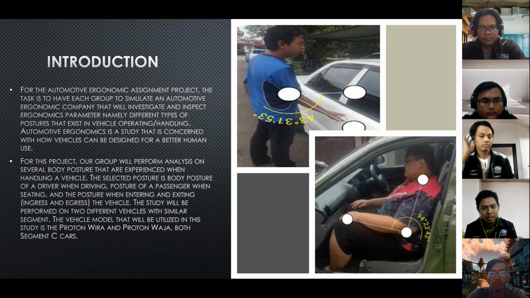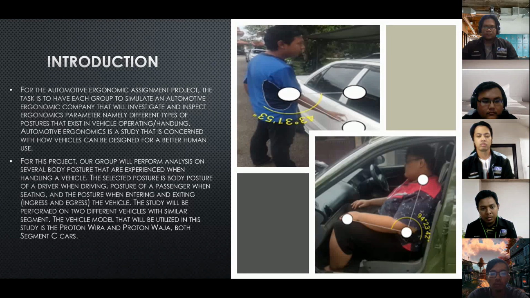Automotive ergonomics is a study concerned with how vehicles can be designed for better human use. For this project, our group will perform analysis on several body postures that are experienced when handling a vehicle.